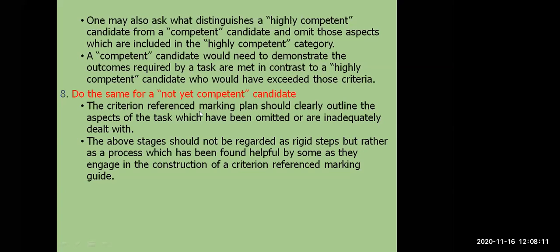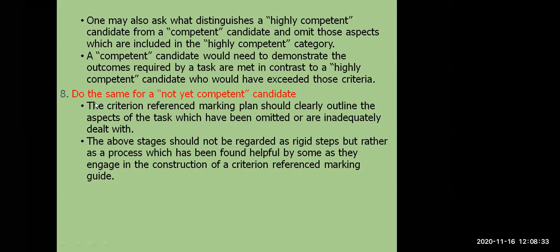This criteria reference marking plan should clearly outline the aspects of the task which have been omitted or are inadequately dealt with. The above stated should not be regarded as rigid steps, but rather as a process which has been found helpful by some as they engage in the construction of the criteria.